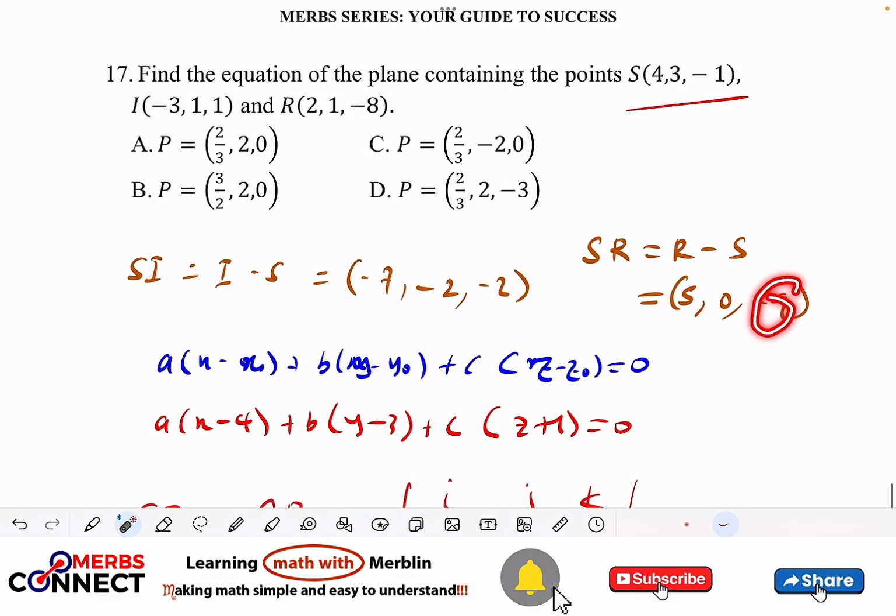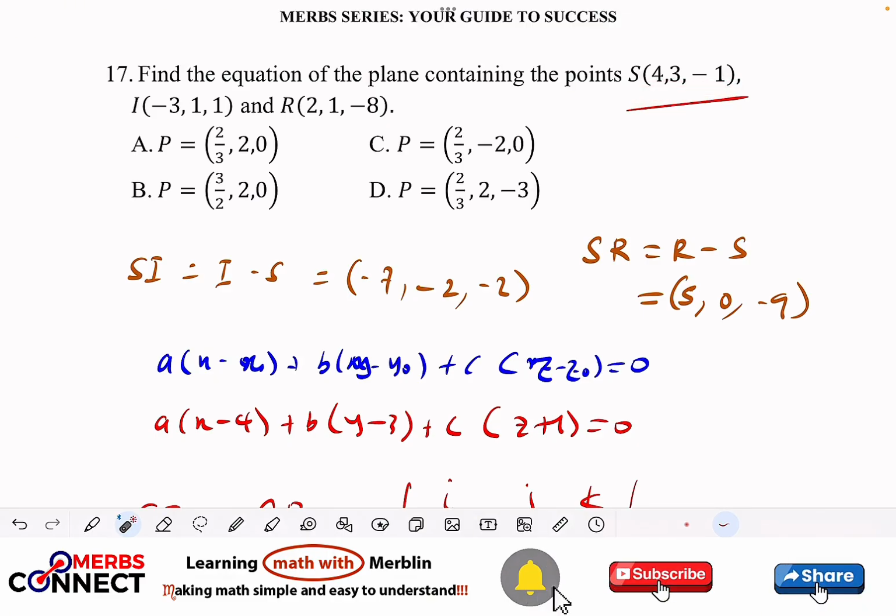Is this one 9? This is r minus this. Oh, it's this one rather. So I think I made a mistake here.